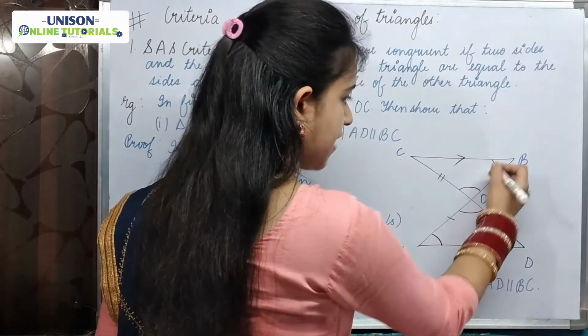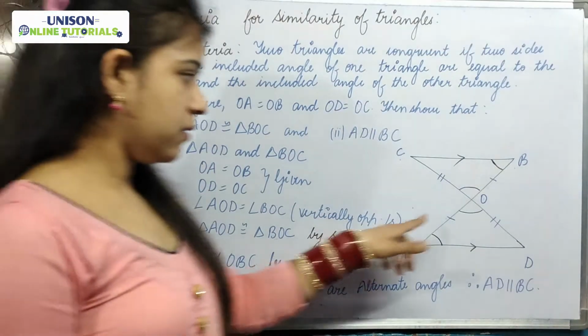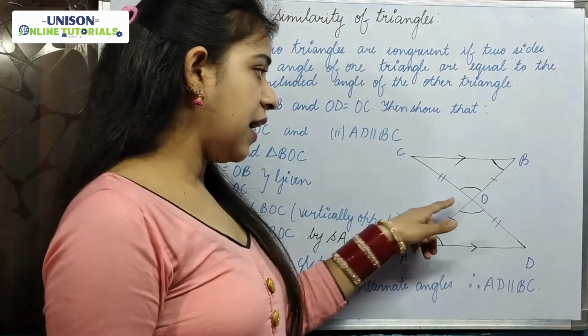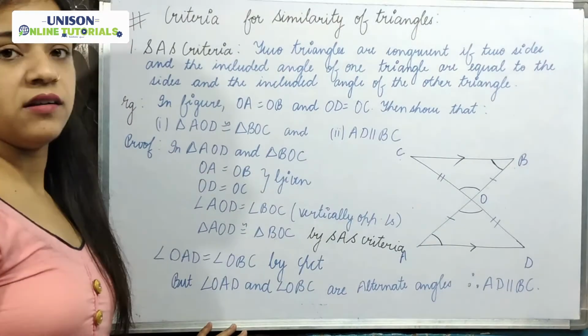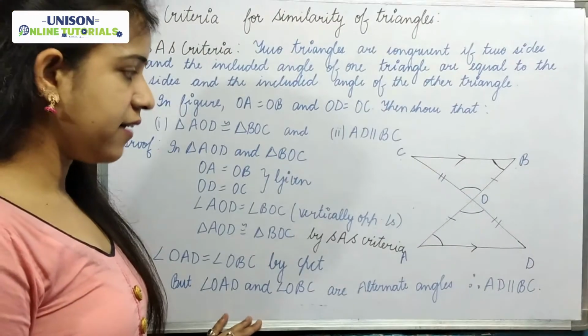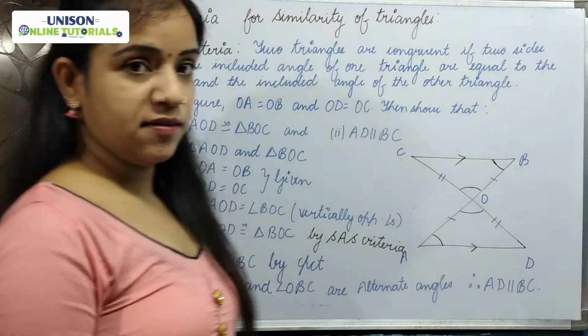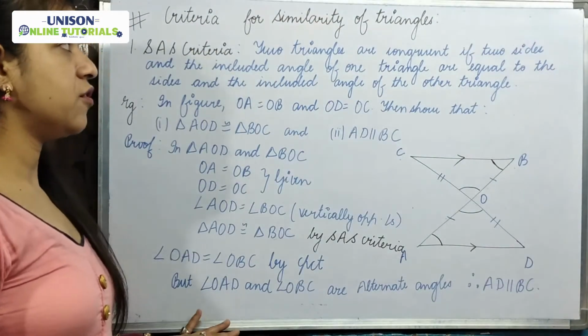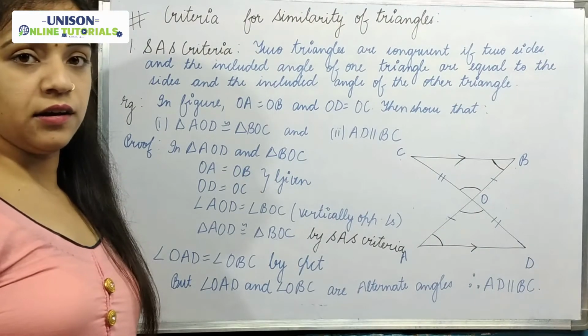You can see that angle OBC and angle OAD are alternate interior angles. So if alternate interior angles are equal, the lines are parallel. So AD is parallel to BC. So this was the first criteria, that is SAS, side angle side criteria.